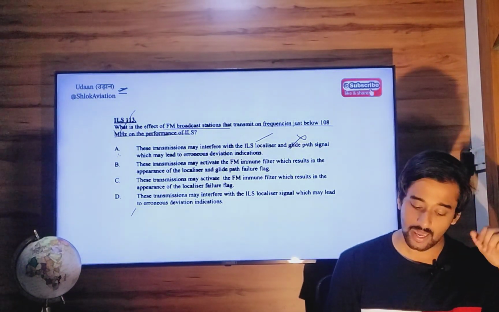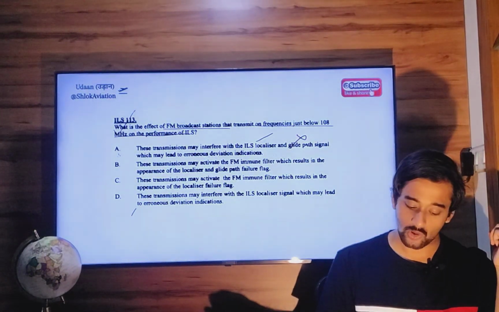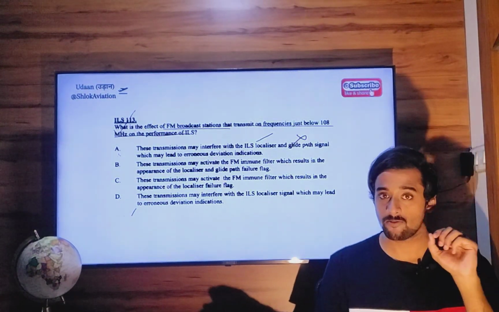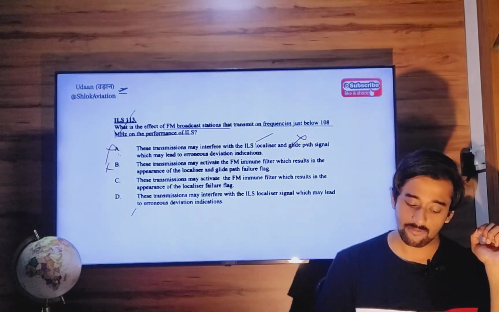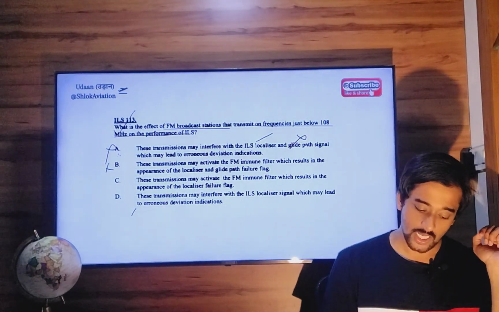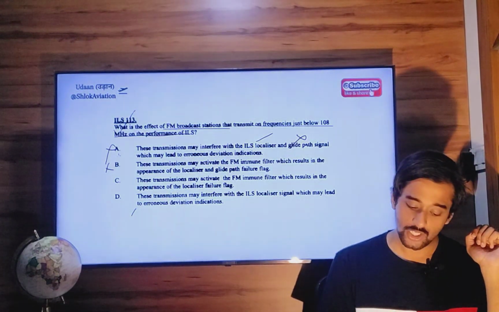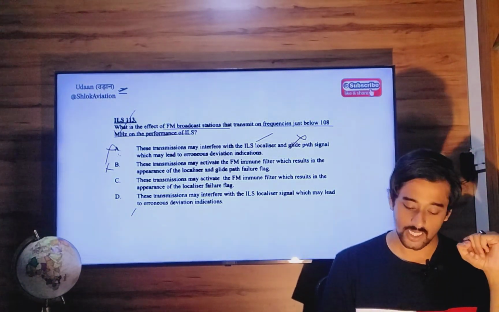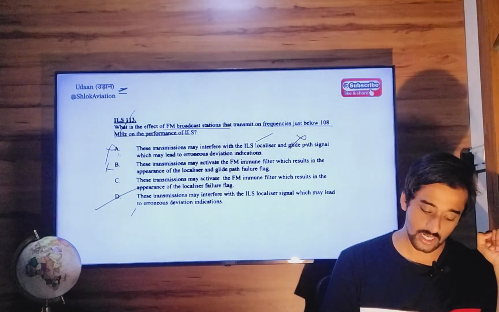May activate the FM immune filter, resulting in a localizer and glide path failure flag? No. Localizer failure flag? No. These transmissions may interfere with the ILS localizer, which may lead to erroneous deviation indications. Yes, so option Delta is the right one.